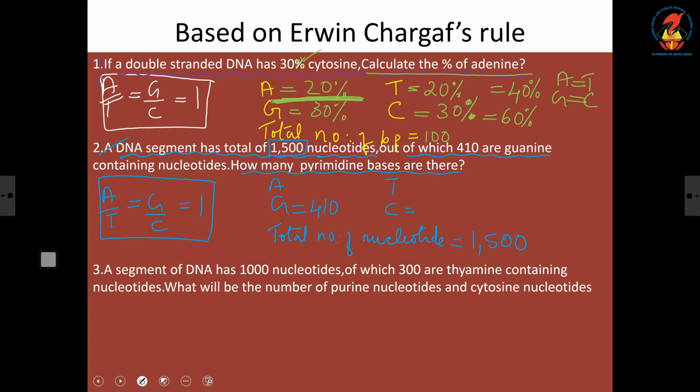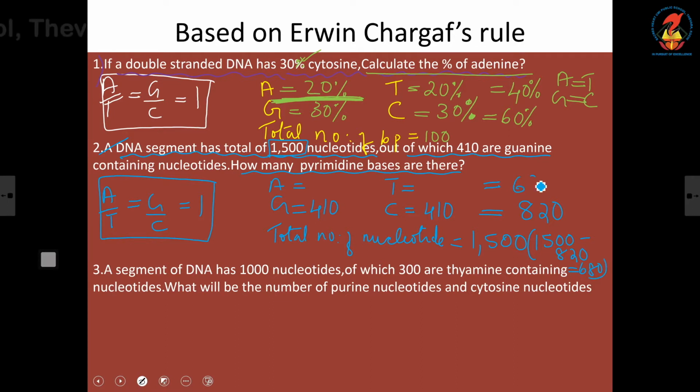If guanine is 410, automatically cytosine is 410. Now we have to find adenine and thymine. So 410 plus 410 gives us a grand total of 820. So from 1500 minus 820, we get 680.